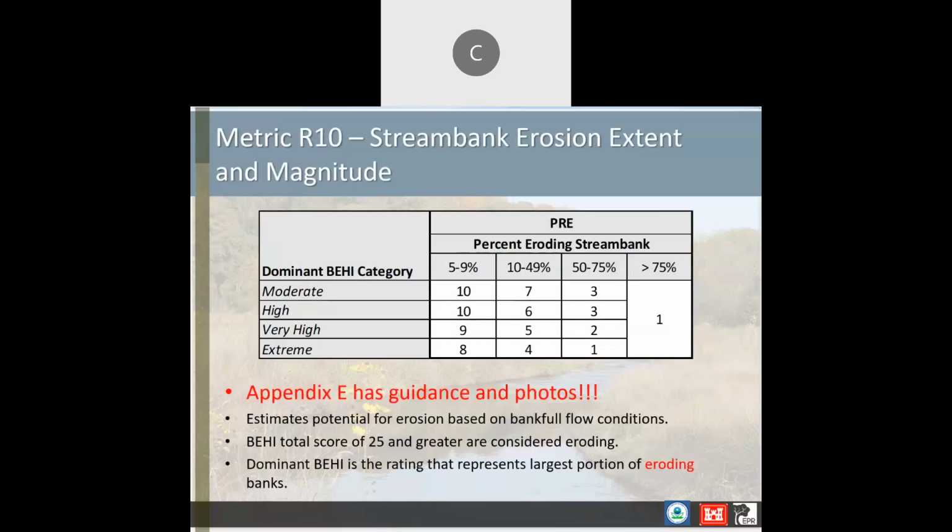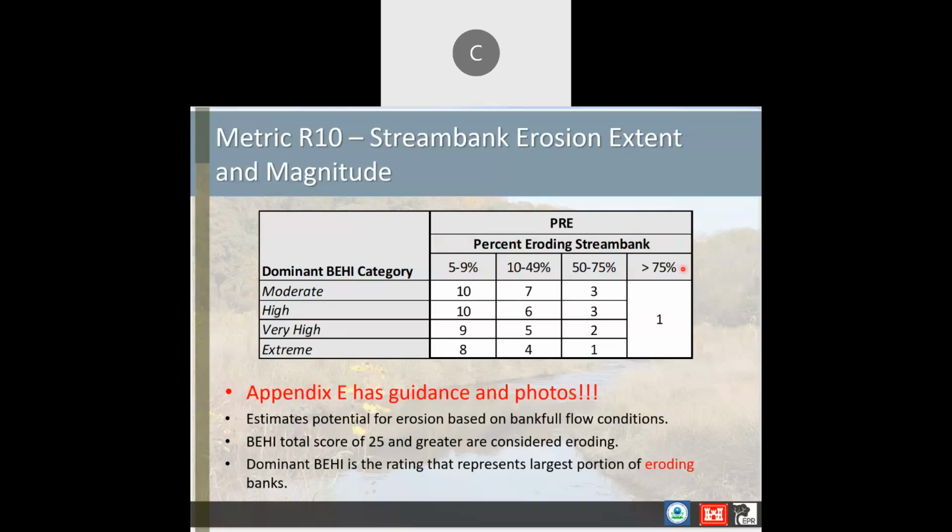All right, next we got the big one. Metric 10 is stream bank erosion extent and magnitude. So this is another one that has a matrix associated with it. The first criteria you're going to look at is how much of the stream banks are considered eroding. So throughout your entire reach length, what percentage is eroding?